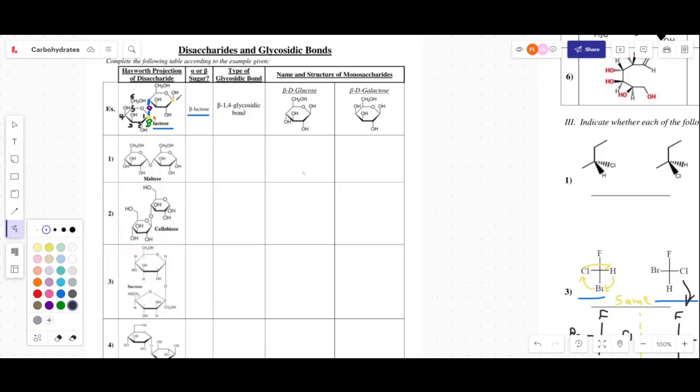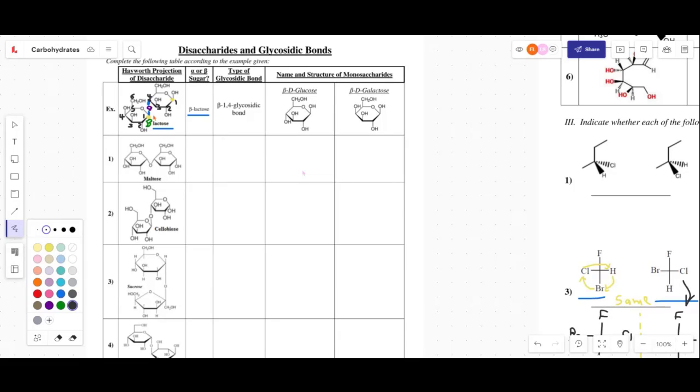In the second ring, I have 1, 2, 3, 4. So you see, carbon number 1 of the first ring is connected to carbon number 4 of the second ring. That's why this is called a beta 1,4 glycosidic bond. Does that make sense?